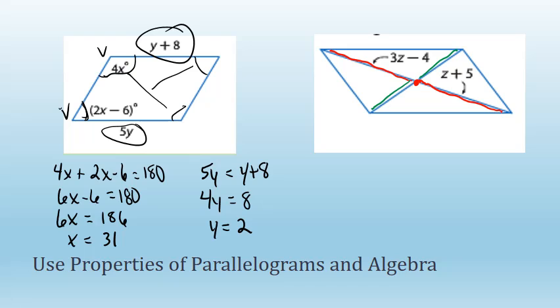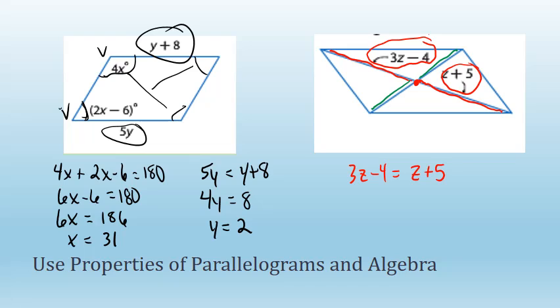Now, if that's the case, then these two segments, because they're on the same diagonal, are going to equal each other. And we can solve here for z. And I would set this up as 3z minus 4 equals z plus 5.